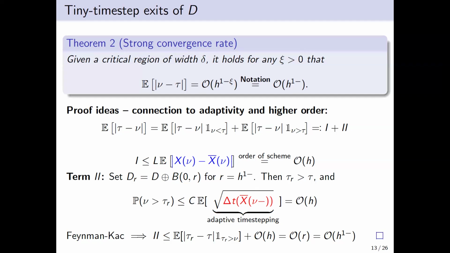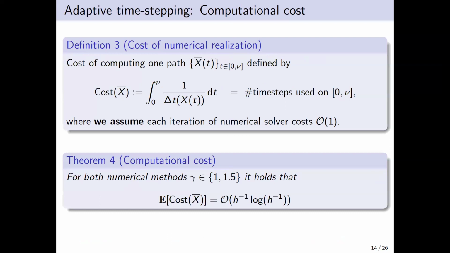When it comes to the computational cost, we define it as follows. The cost is just the number of time steps my numerical scheme needs until it exits, because then my computation is, of course, finished. And delta t of x is now the time step at point x, because I have defined it this way before.